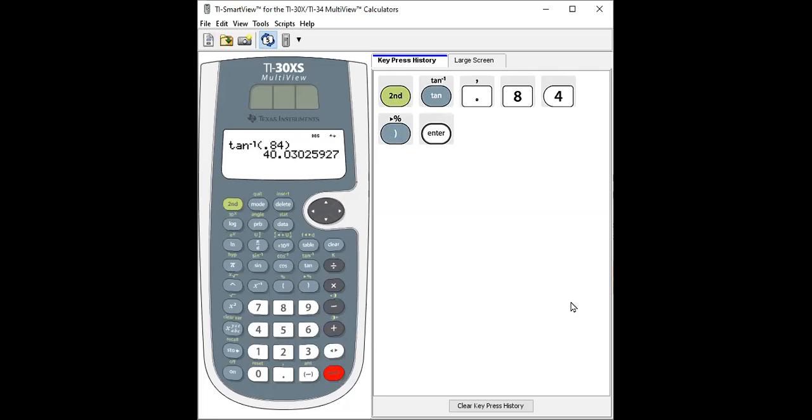So in our last lesson, we were looking for side length. So we were using those ratios. In this lesson, we're going to be looking for angles.